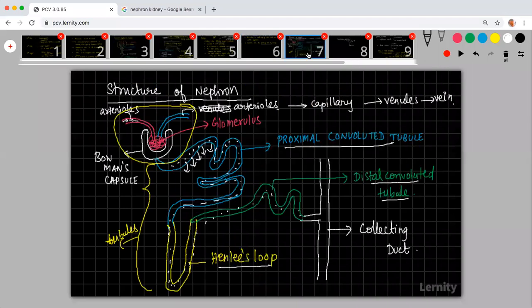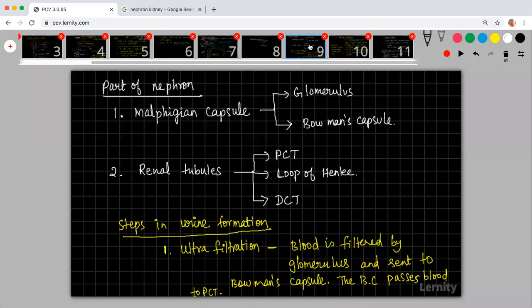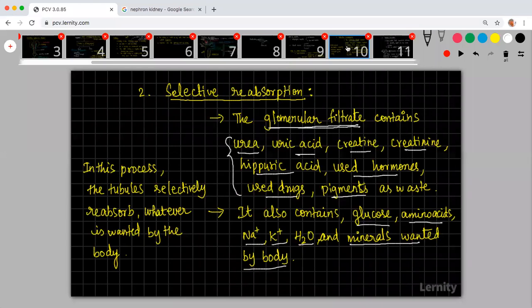Seventh slide. Eighth slide. Ninth slide. 10th slide. 11th slide.